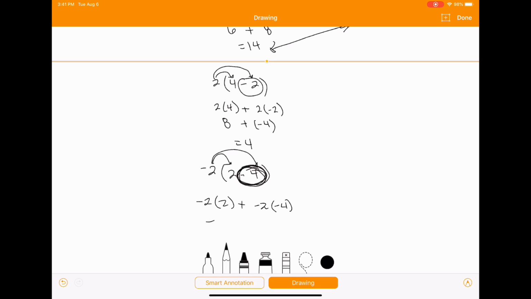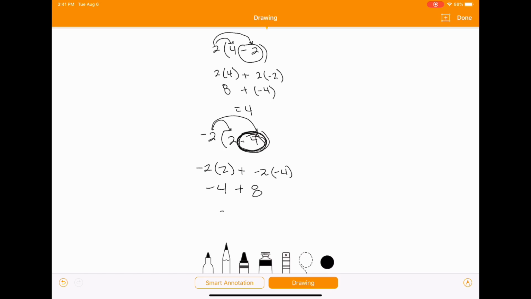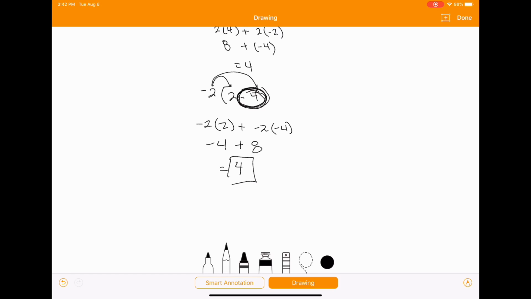So then you'd have negative 4 plus negative times a negative is a positive, so this is 8, and you'll be left with 4 as your quantity. So that's the distributive property.